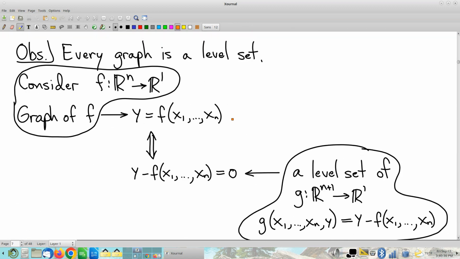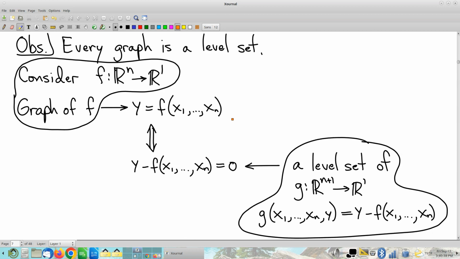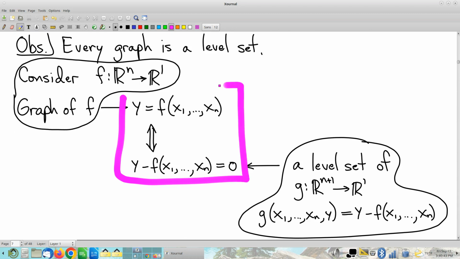Here's a scenario that comes up more often than you'd think. I'm going to start with this algebra right here, which is really easy algebra. Hardly anything happened there. All I did is I took the right-hand side and subtracted it over to the left-hand side. Barely anything happened, and it turns out that this little bit of algebra is actually really useful.